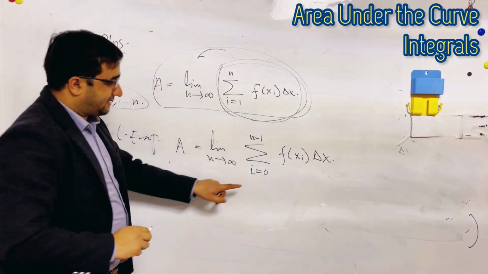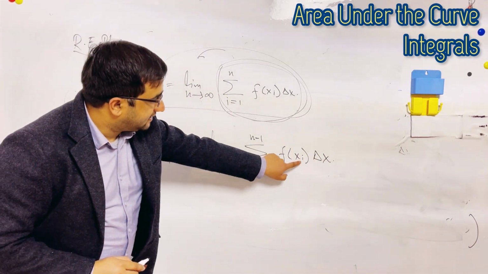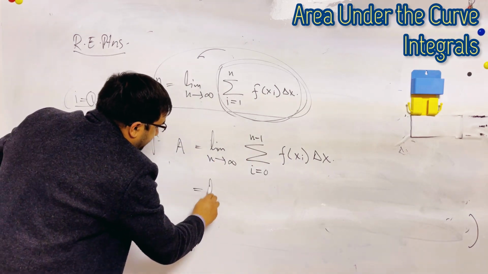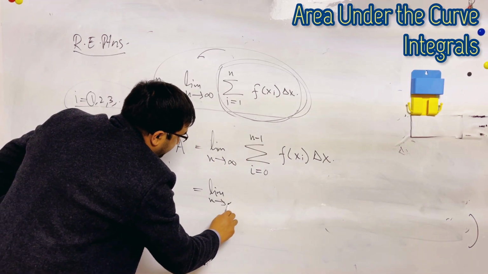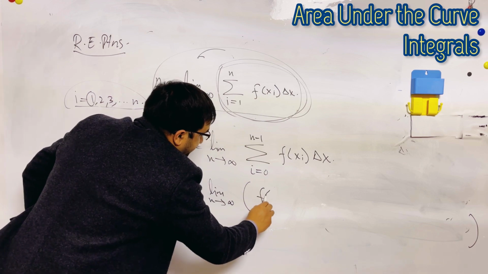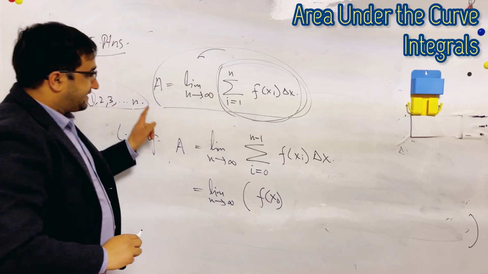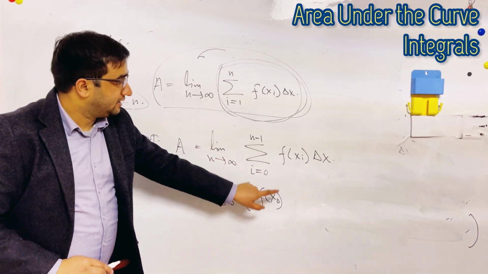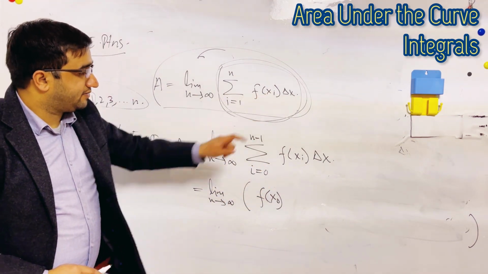Now why is it starting from 0? If I want to write it in the open form, it is limit n goes to infinity, f of x naught. In case of left hand points, we started with x naught. In case of right hand points, we started with x1.